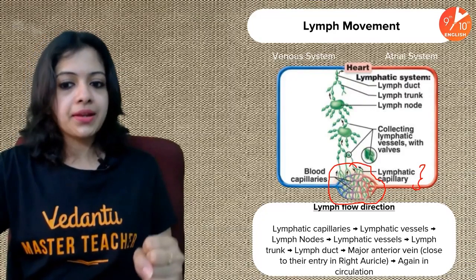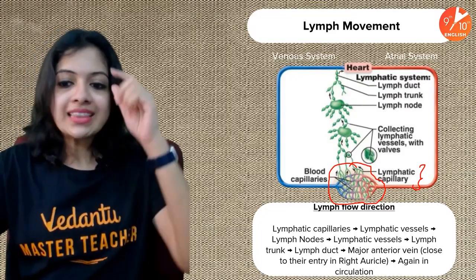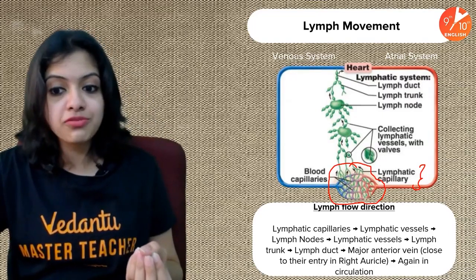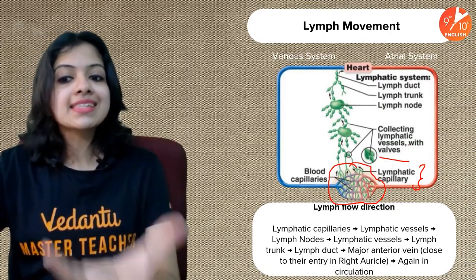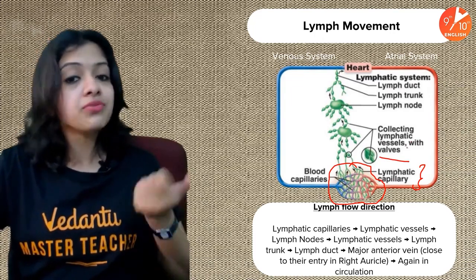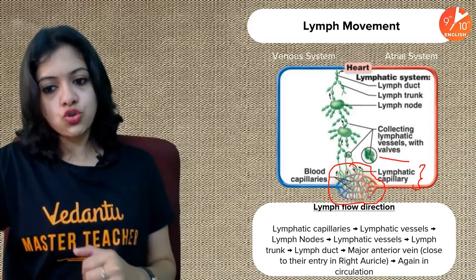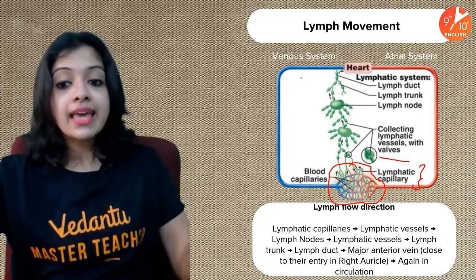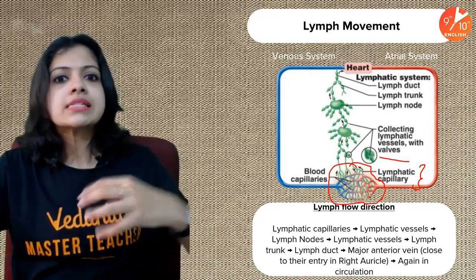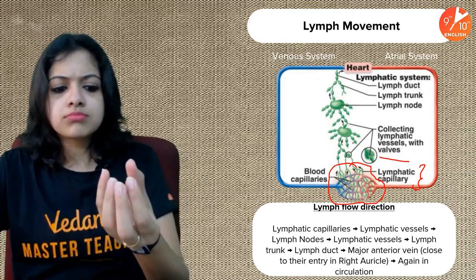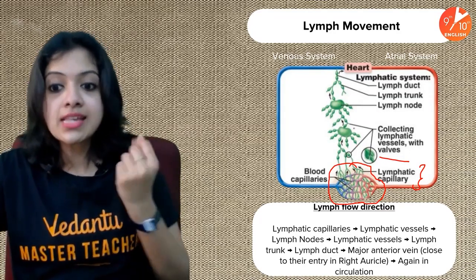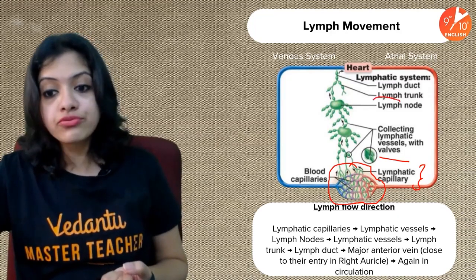These lymphatic capillaries then join together to form larger lymph vessels, collecting lymphatic vessels, which are provided with valves, as you see here. And then where does it go? From different lymphatic vessels, they all join into certain clustered areas, which are actually called lymph nodes.